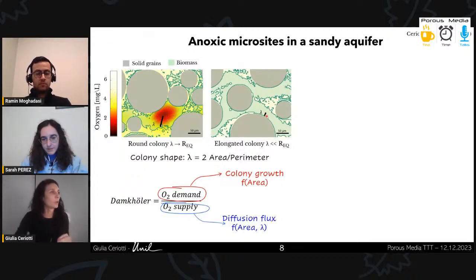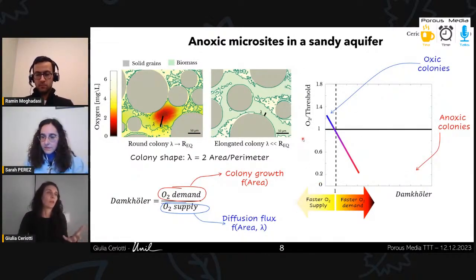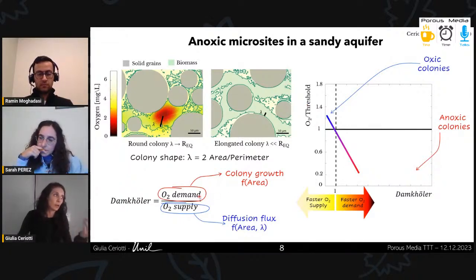So to see if our model was working and interpreting what's happening in our system, we prepared this plot where we have the prediction on the x-axis and the result, the reality, on the y-axis. On the x-axis, we have the Damkohler number, which we define as the ratio between the oxygen demand of each colony and the oxygen supply.